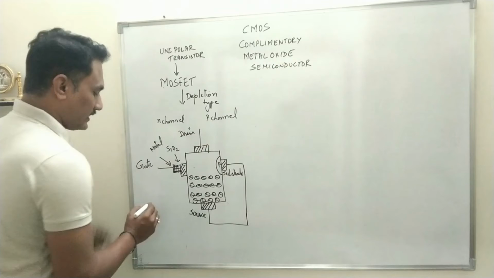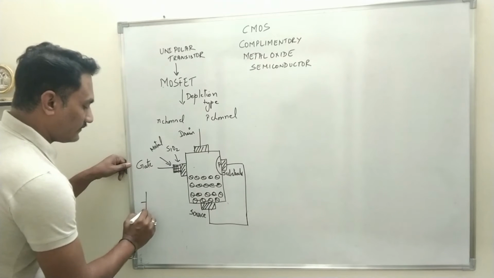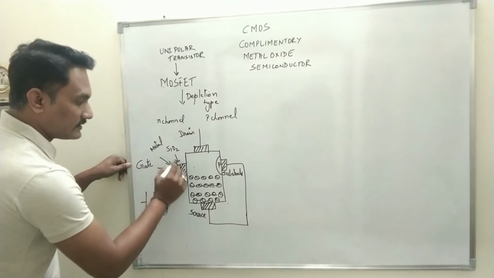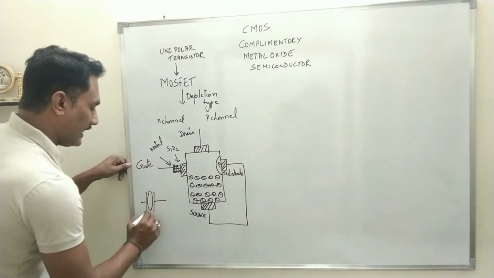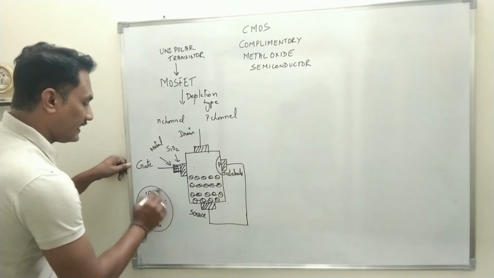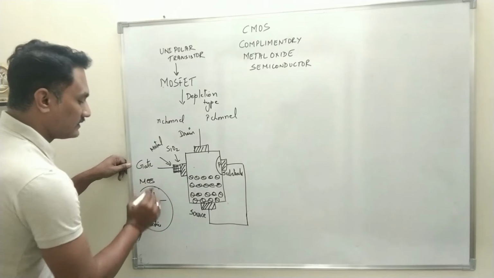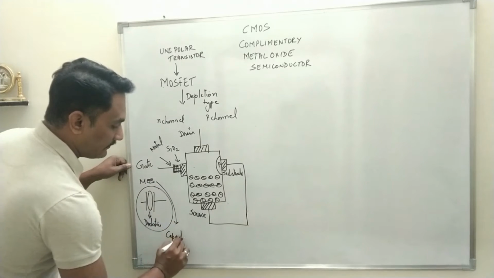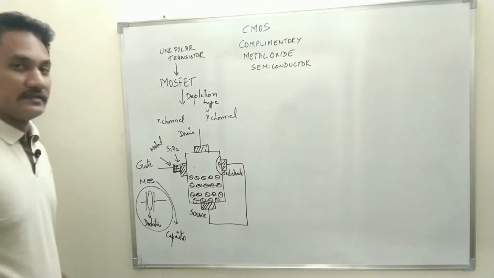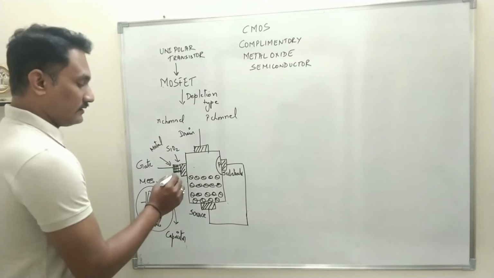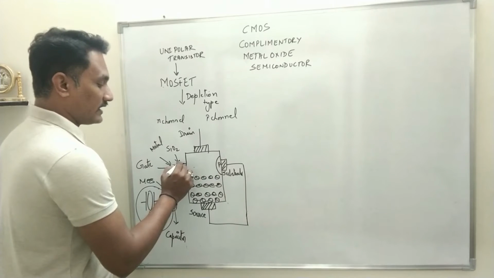Now this metal acts as one plate of a capacitor, the semiconductor acts as the other plate, and the silicon dioxide acts as a dielectric. That means this entire MOS structure forms nothing but a capacitor, where we can store charge.